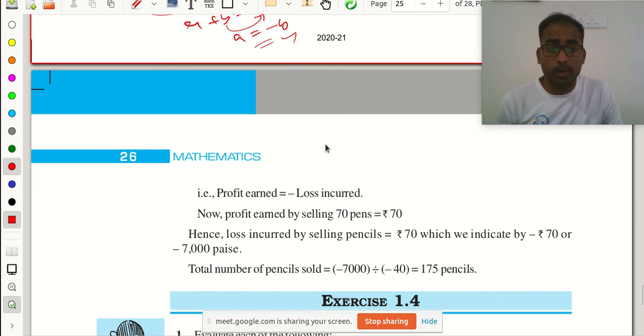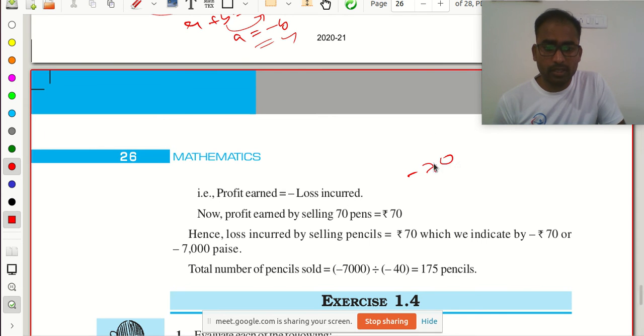So what is her profit? 70 rupees. Then what is her loss here? Loss is minus 70. Minus 70 rupees means how many paisa? Minus 7000 paisa.